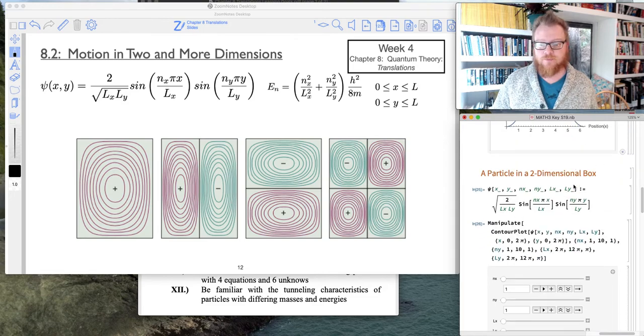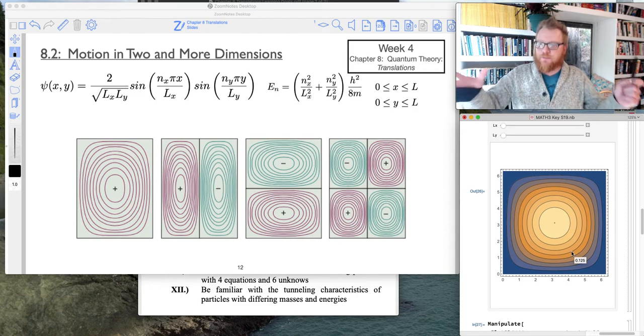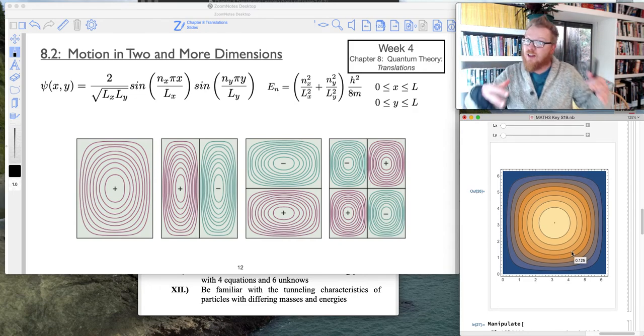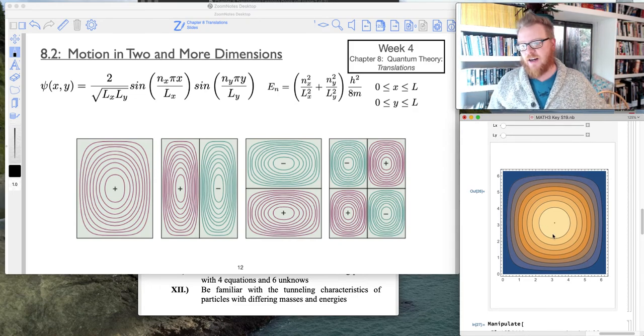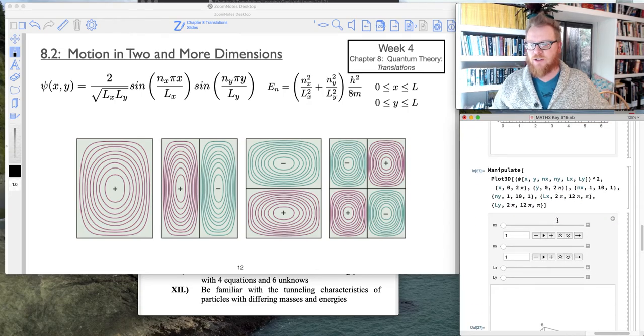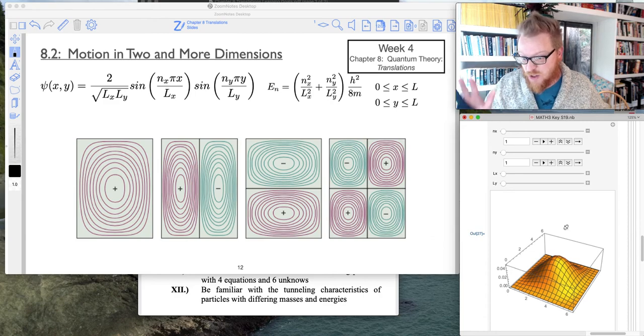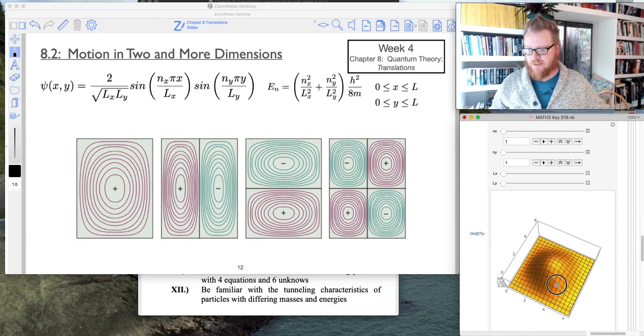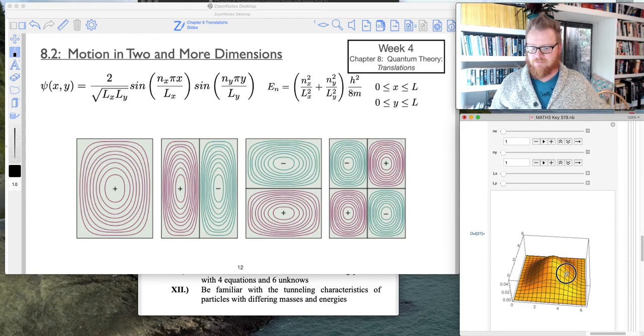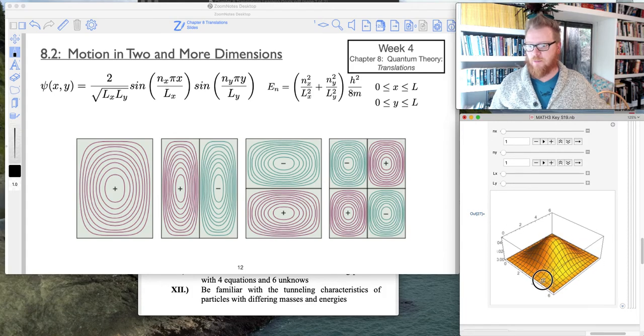Well, now two-dimensionally, this becomes like a little hill, okay? This is a contour plot, but if we wanted to look at a somewhat two-dimensional representation, it looks like this little hill, this little hump.